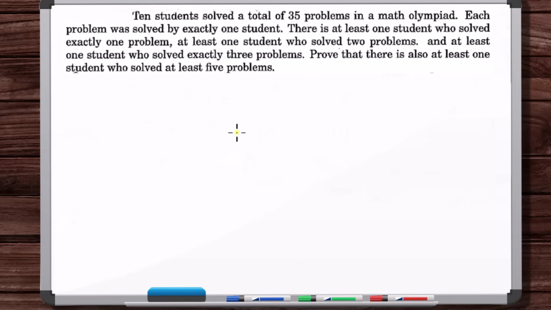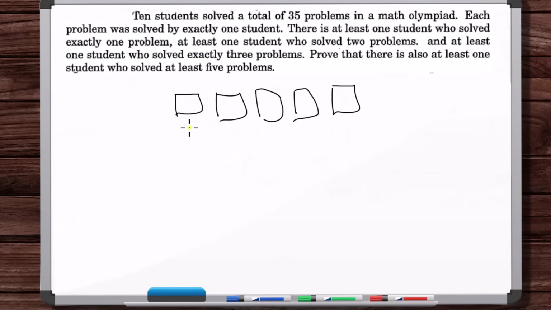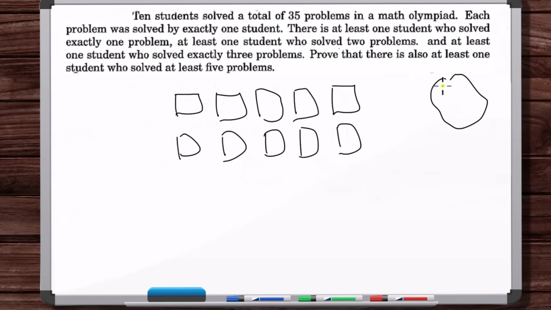So, this is how we can do this. Let's say the 10 students are the pigeonholes, and the 35 problems are the pigeons. So a problem has to go to one of the students.